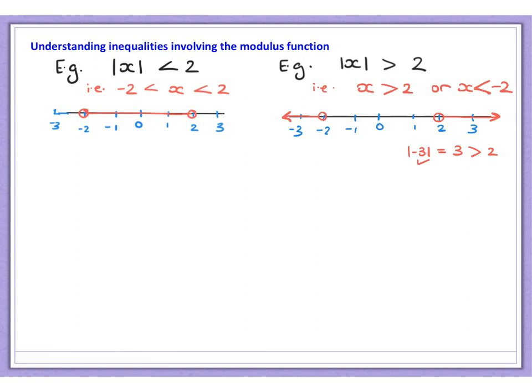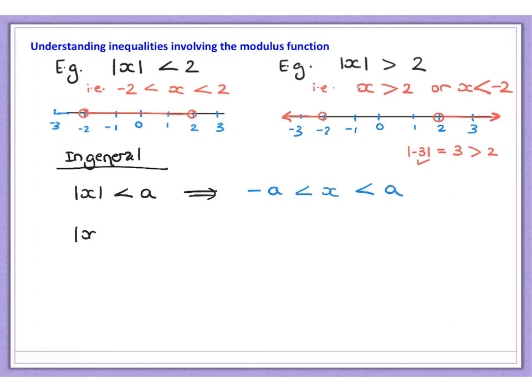Now, we can generalise these. If we have mod x less than a, that tells us that x is between a and negative a. If mod x is greater than or equal to b, this tells us that x is greater than or equal to b, or x is less than or equal to negative b.